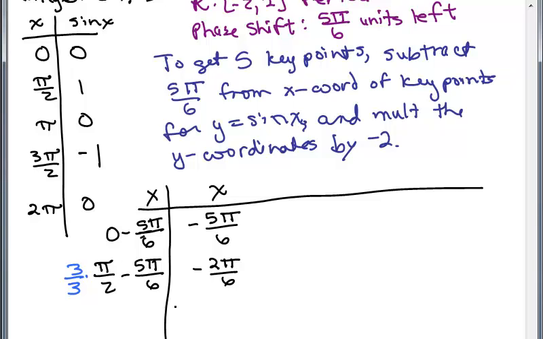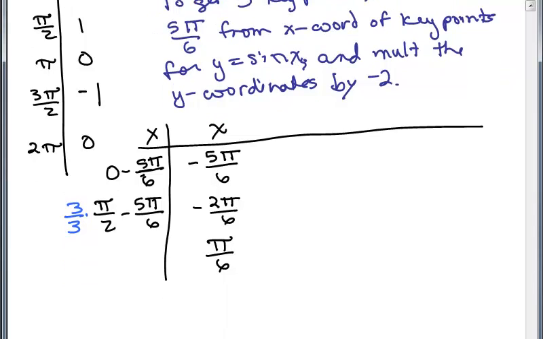Now you can keep doing this, or you could ask, how did I get from negative 5 pi over 6 to negative 2 pi over 6? What happened in the numerator? I added 3 pi. So my next x-coordinate should just be 3 pi more than that. If you add 3 pi to negative 2 pi, that gives you pi over 6. It's the easy way to do it. If you add 3 pi to that, you'll get 4 pi over 6.